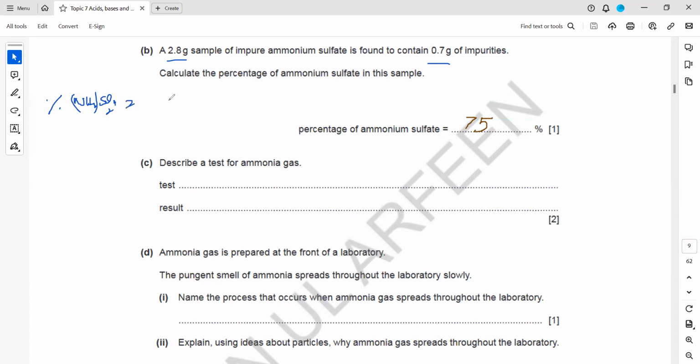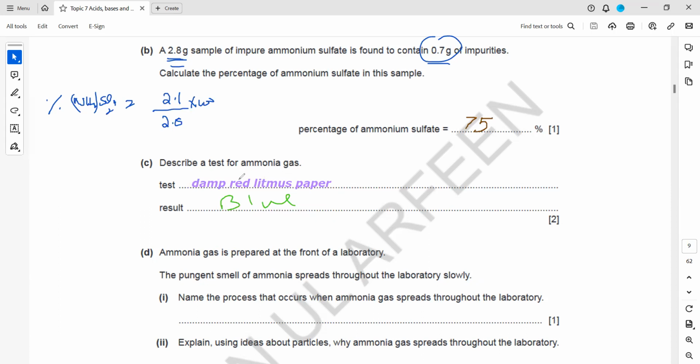The percentage of ammonium sulfate is the mass of ammonium sulfate in the compound. So 2.8 is the total impure sample which contains 0.7 impurity. So 2.8 minus 0.7 will be 2.1, divided by the total mass of the sample, which is 2.8, and multiplied by 100. So this will give us the percentage of ammonium sulfate in the sample.